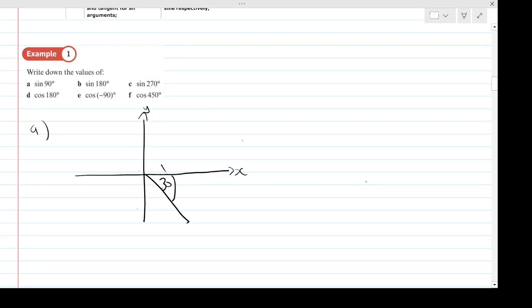And so the whole turn is 360, so the whole angle here is 330, right? So we could say that equivalently negative 30 degrees is the same as 330 degrees, right? But yeah.